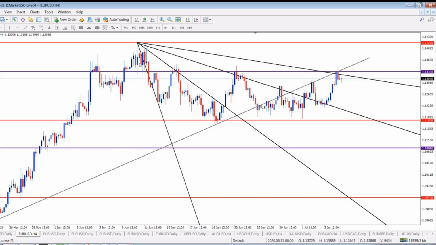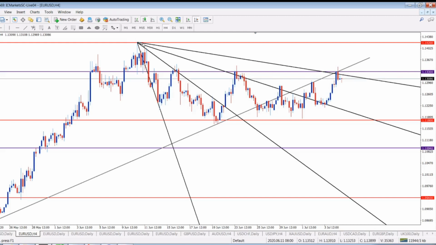So this is the first impulse angle. When we divide this angle by 2, we get another line and another line. You see the market couldn't get through. Look at the confluence here.